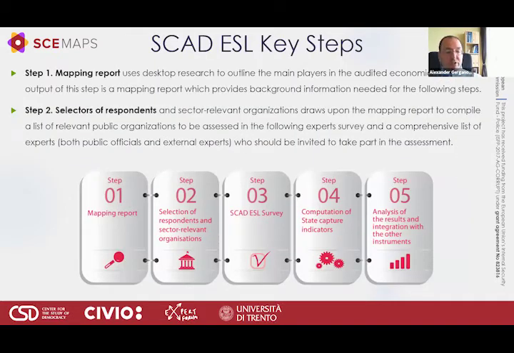Let me just briefly go through the key steps. The process of implementing SCAT ESL starts with a mapping report, which gathers some background information. Then a selection of respondents is done. Several lists of groups of experts are compiled.